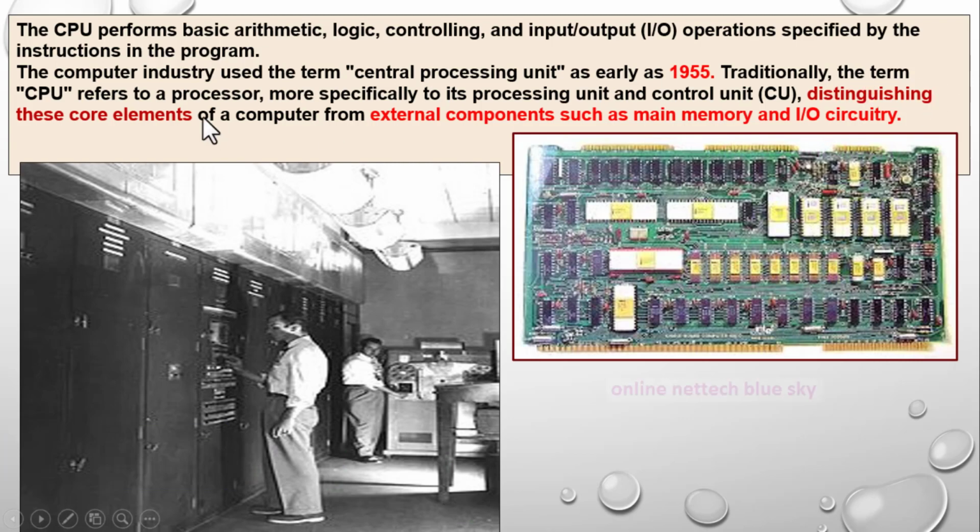So traditionally the term CPU refers to a processor, more specifically its processing unit and control unit, PU and CU. The processing unit means process and the control unit means control. I will discuss in some video what a vacuum tube is and how it works.